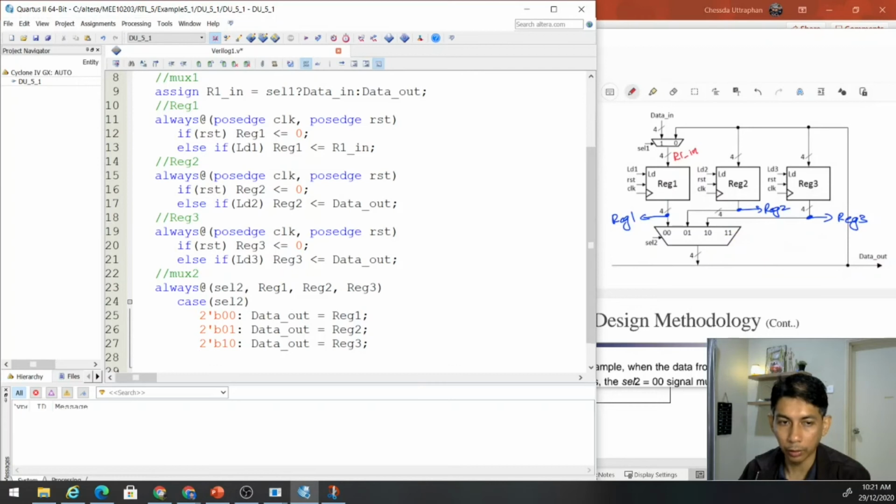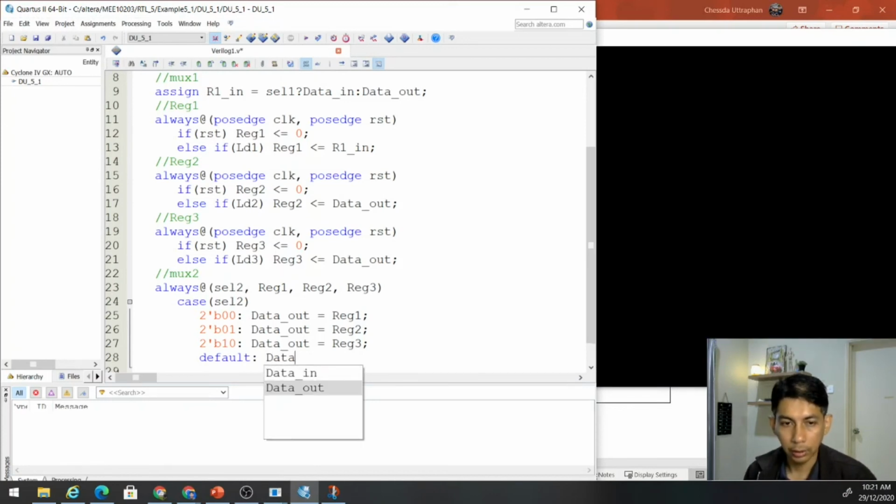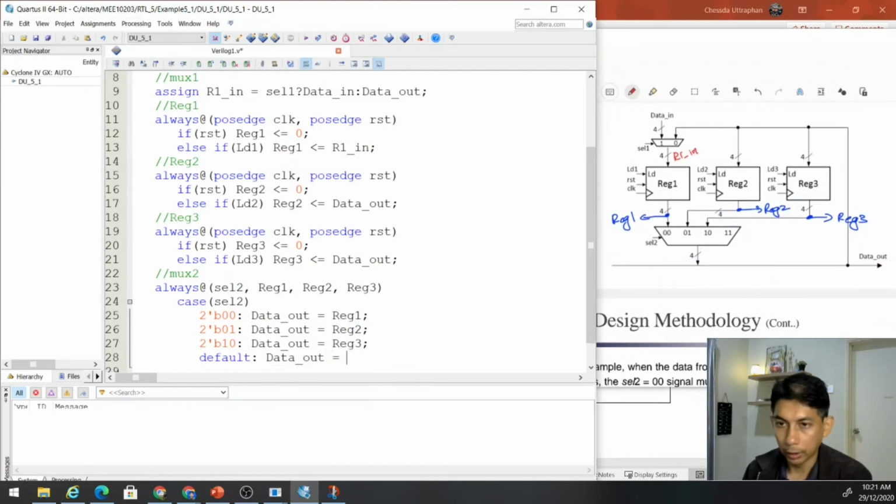You can write 1 1 or you can use default, which means other than these. Data out in this case should be not connected, and this is 4 bit. So we can create a 3-state buffer here.